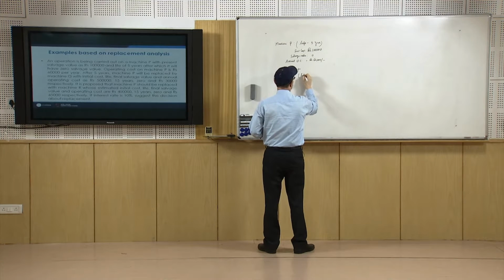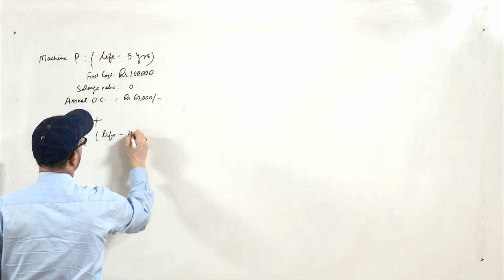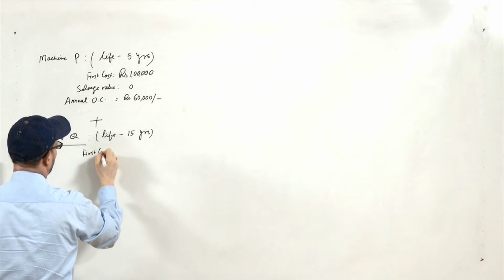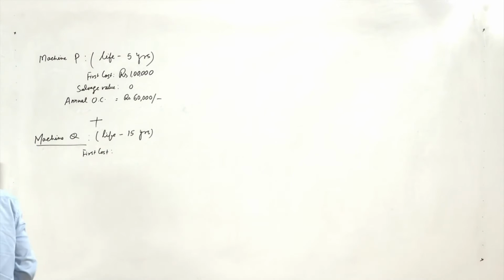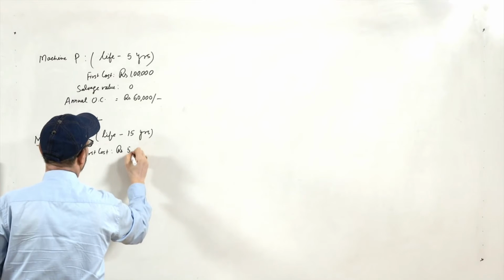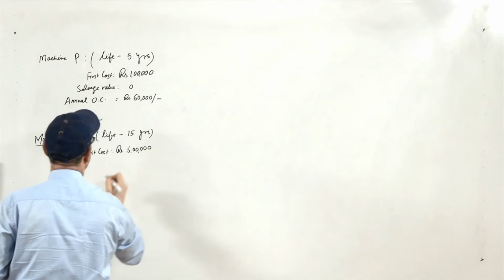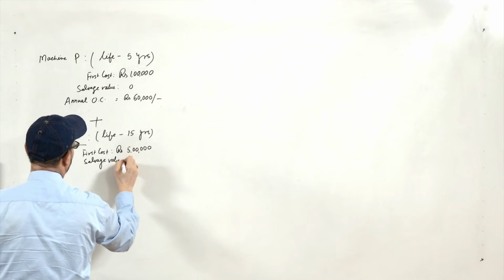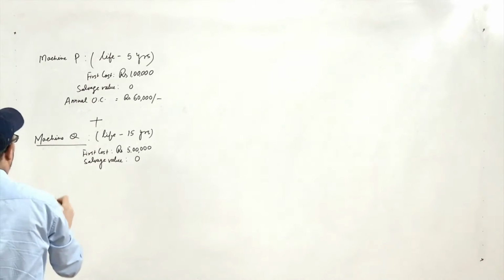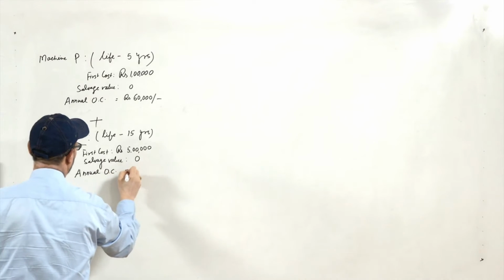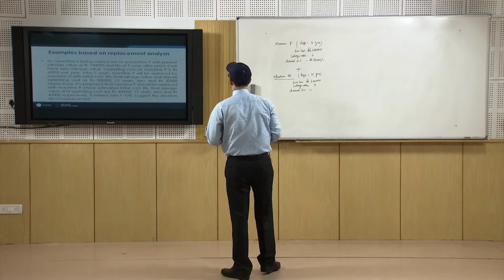It has life of 15 years, first cost is given as rupees 5 lakh, salvage value again given as 0 and annual operating cost is given as rupees 30,000.